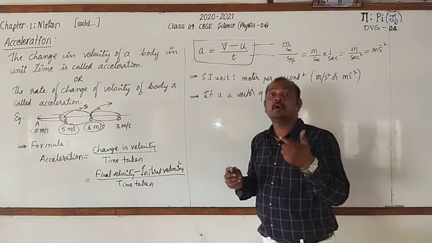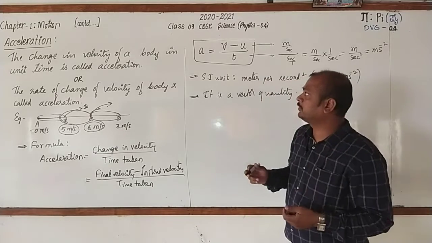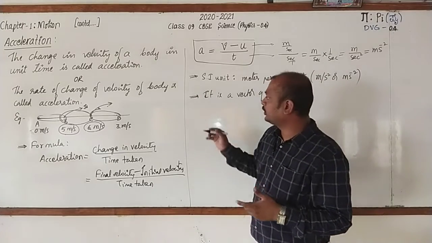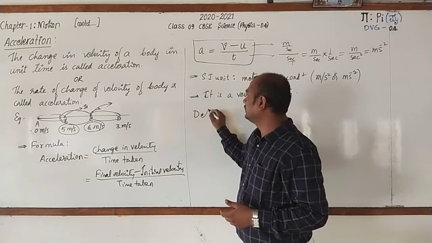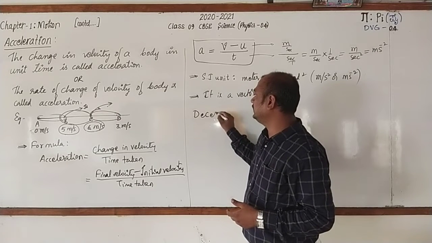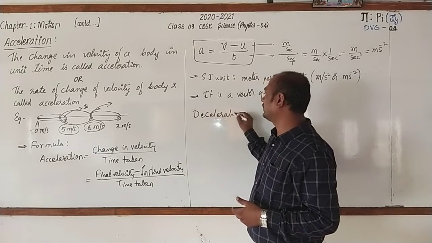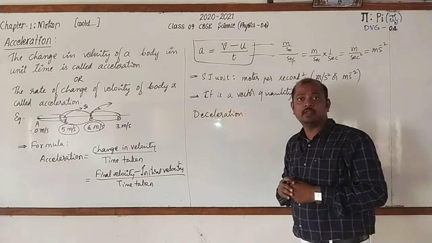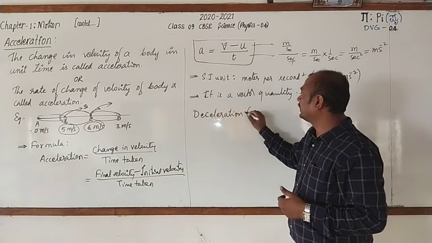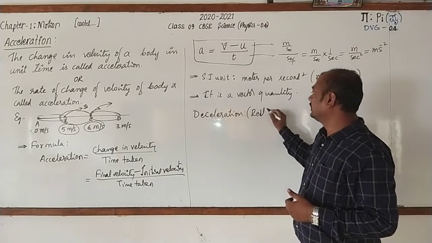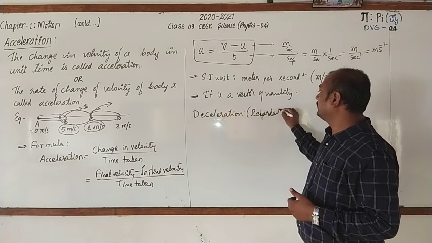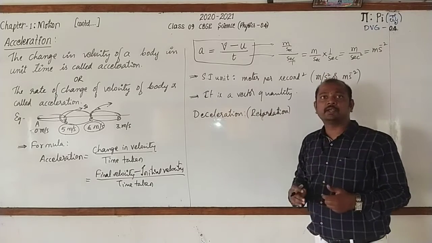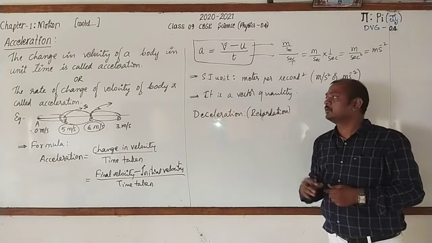It is the opposite, or antonym, of the word acceleration. I am going to write one more word: D-E-C-E-L-A-R-A-T-I-O-N, deceleration. Also called retardation. Let me write that. And retardation is nothing but negative acceleration.